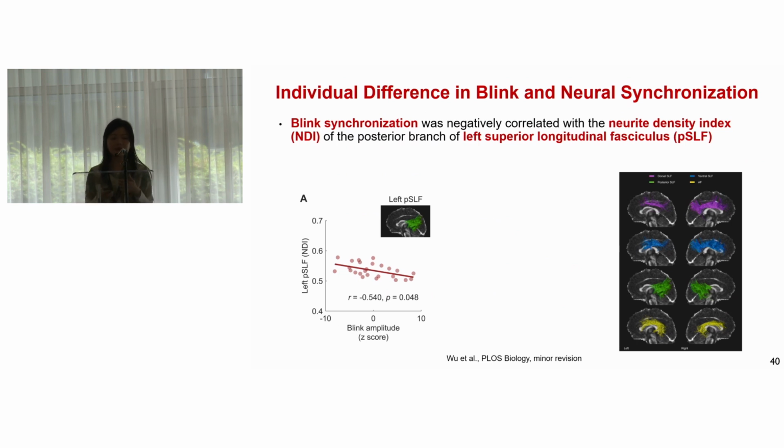And there is also individual difference in this blink and neural synchronization. I just said this is not related to their musical ability, but here we found those two synchronizations are related to white matter microstructures.